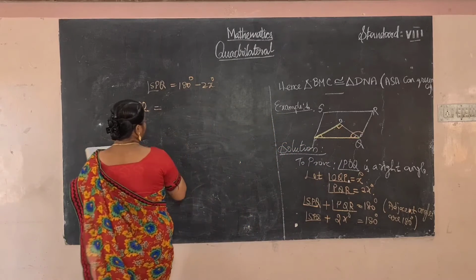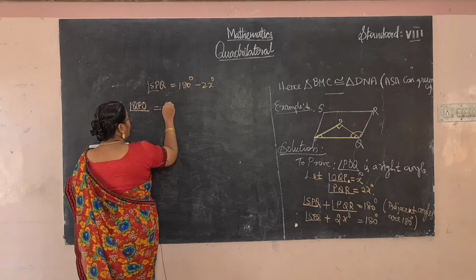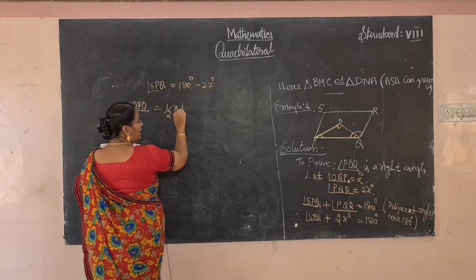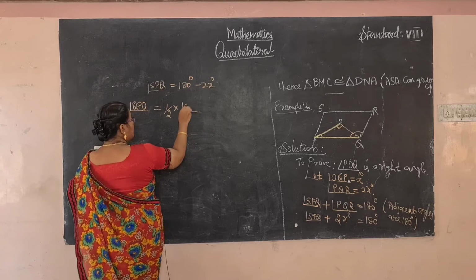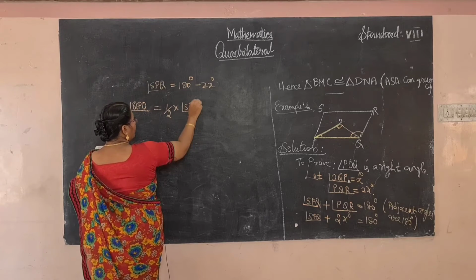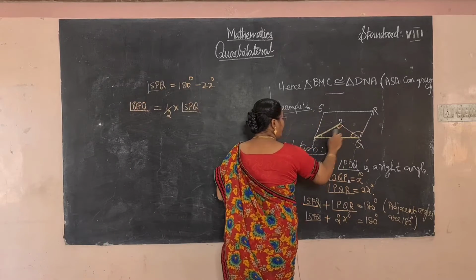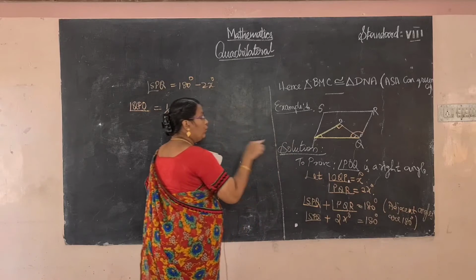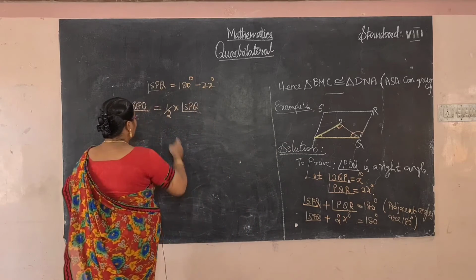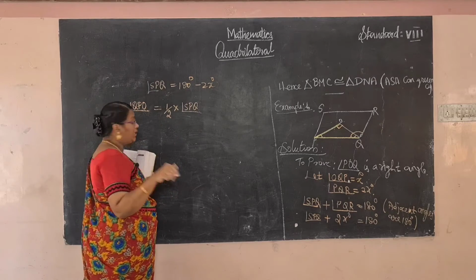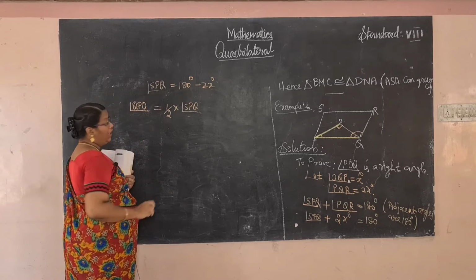How can you write this? It is the half of the angle SPQ, is it? QPO is half of SPQ. So I will write half of SPQ.